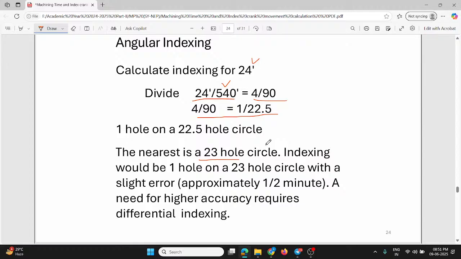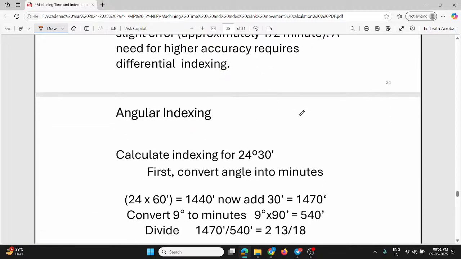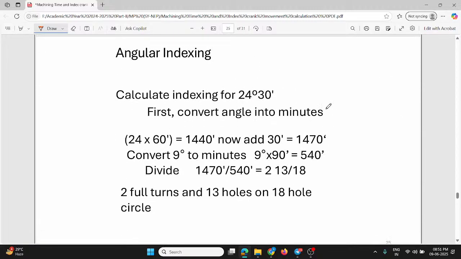So we have to move 1 hole in the 24 hole circle, which is available on the index crank.